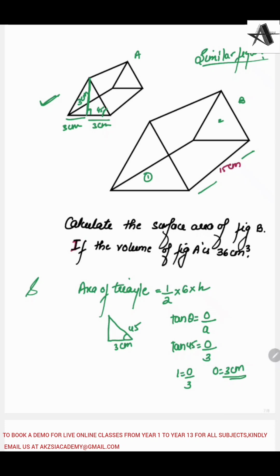Now it is very easy to calculate the area of the triangle, which is half times 6 times height 3 centimeters. So it will be 9 centimeters squared. This is the area of the face. Now the volume is already given.